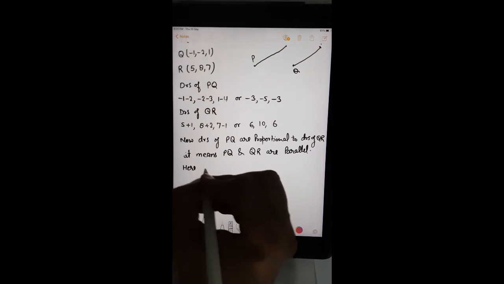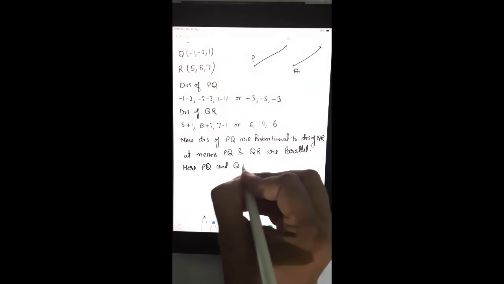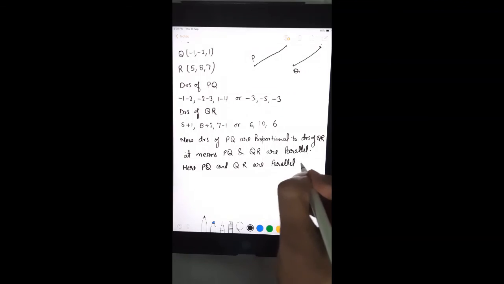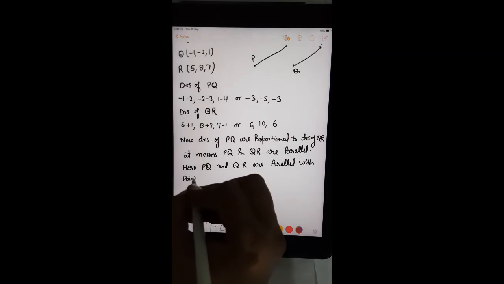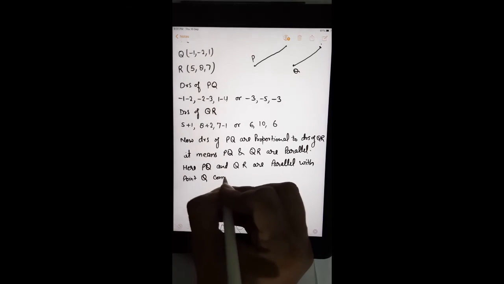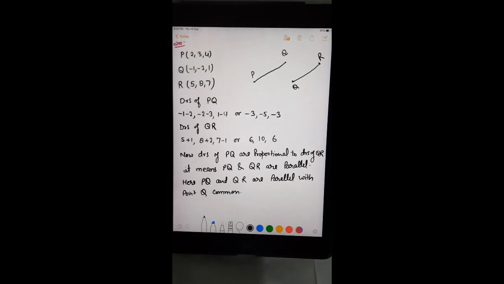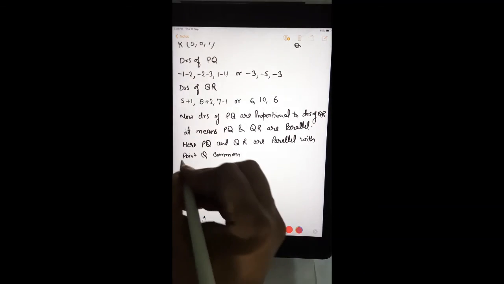Here PQ and QR are parallel with point Q common. It means P, Q and R are in the same line.